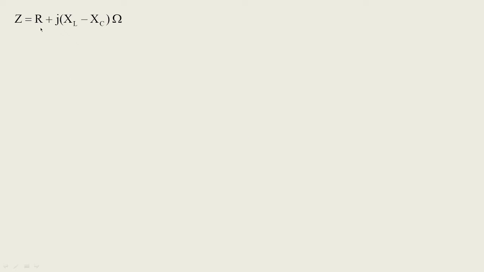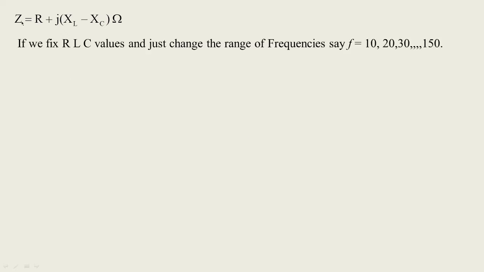So with the help of the impedance of the series RLC network, if we fix the resistor, inductor and capacitor values as constants and just change the range of frequencies, say f is equal to 10, 20, 30, when f is changed from 20 to 150, the angular frequency will also change.